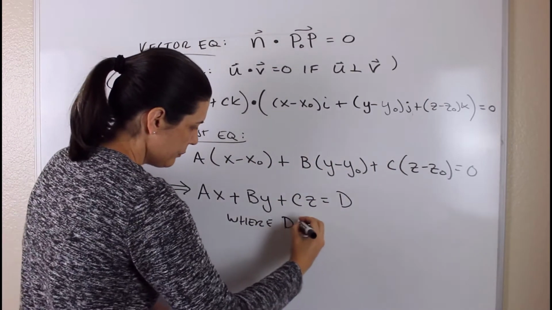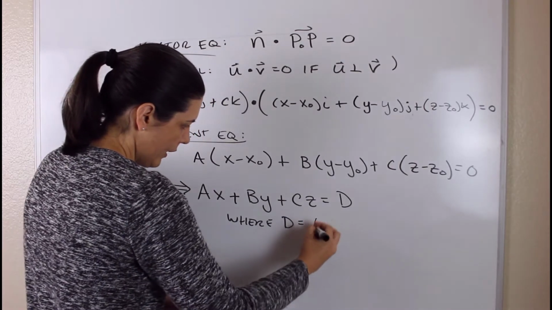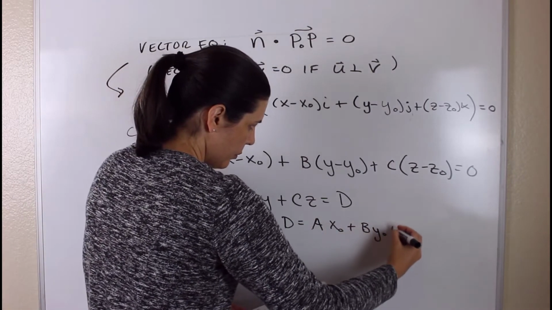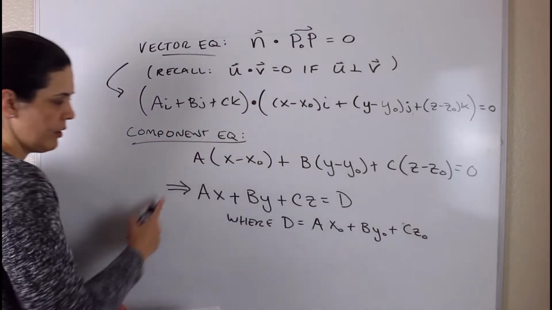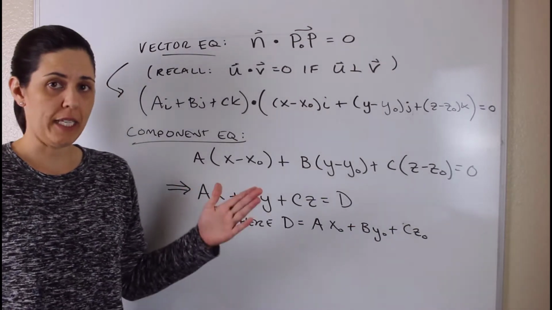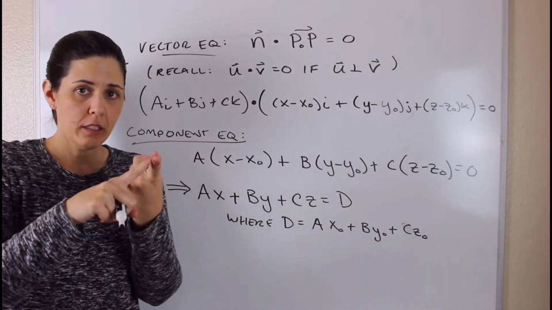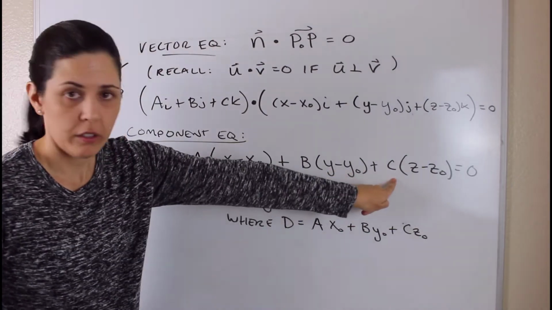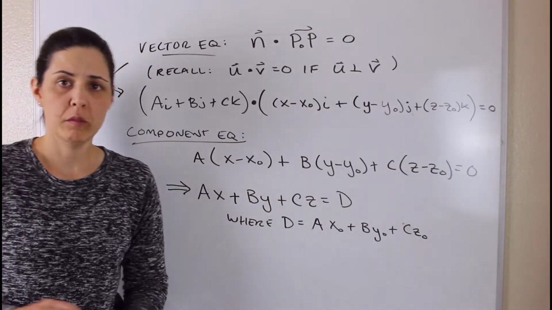So where d is going to be equal to a x naught plus b y naught plus c z naught. Okay, so you can write it either way. These are just your equations for a plane in space. Knowing two things: the initial point, a point on the plane, you got to know that point in space, and a vector that's perpendicular to that plane. If you know those two things, really straightforward plugging in.